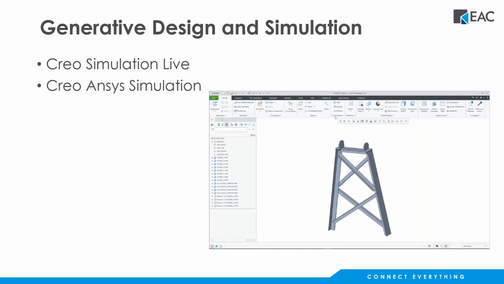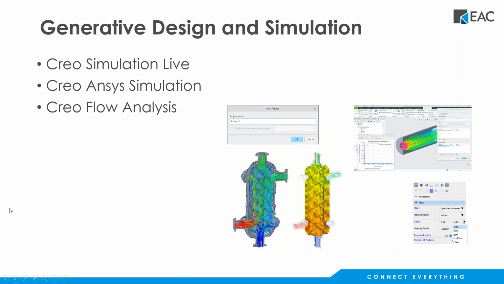And we have some other general usability enhancements, such as copying and pasting multiple objects, controlling the number of cores in the user interface, more control over deformed versus undeformed shapes for results, and an updated simulation query. And then moving on to flow analysis. This is what I'll be demonstrating today. We now have support for multiple CFD projects in one model.